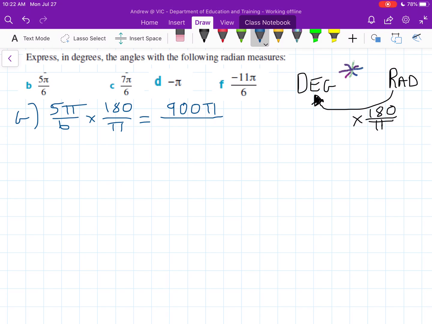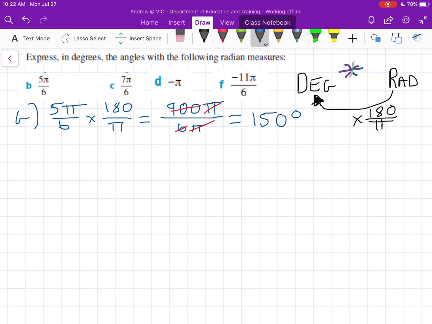Combine the 6 and the pi, so 6 pi, multiply them together, and then just cancel out. So the pi's cancel out, and then how many 6's go in 900? Hopefully you can recognize this as 150. Okay? So that's how we do the first one.